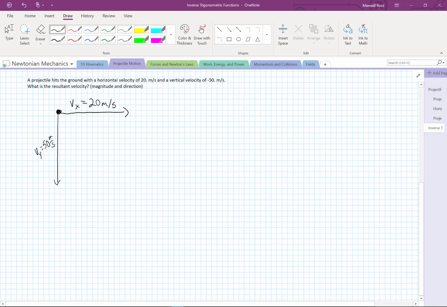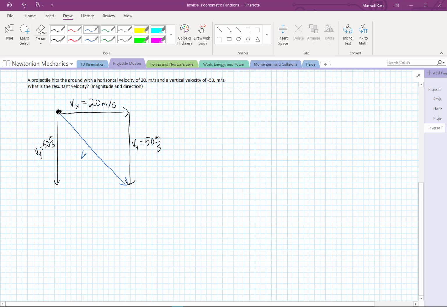And I need to find the resultant velocity, so I need to add these two vectors. I'm just going to slide over Vy to the right, so it's tail to tip with Vx. So this is also Vy, and it's 50 meters per second. And the resultant, or total velocity, is going to be the vector that goes from the tail of the first to the tip of the last. That's going to be V.